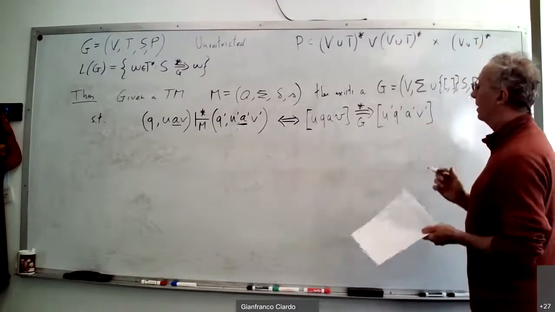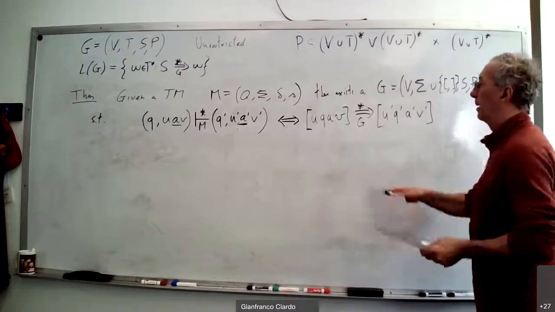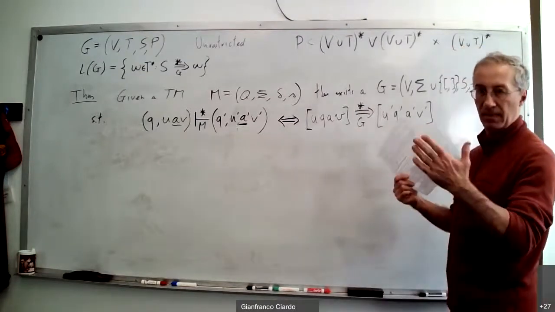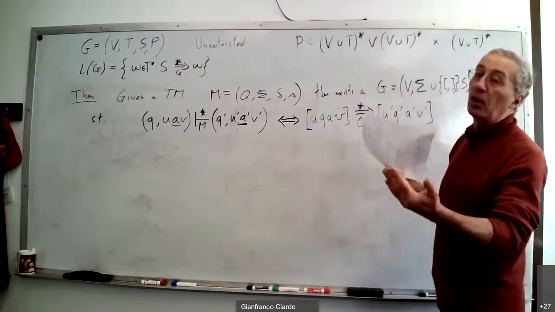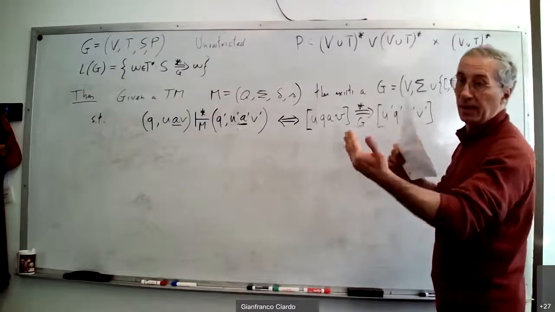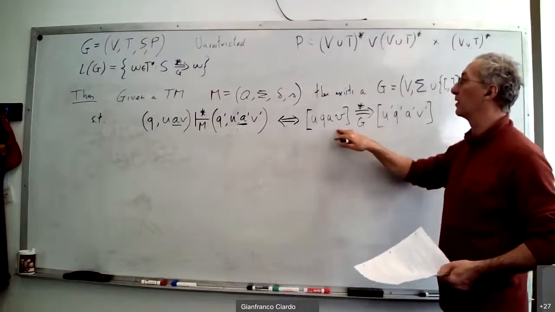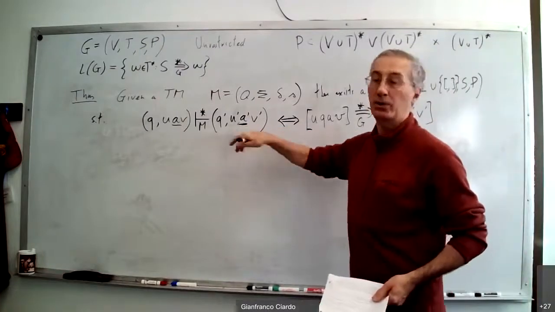So what does it mean? Again, the brackets are just there to show what the content of the tape is between them. Between the two brackets is the content of the tape that is relevant to the Turing machine.